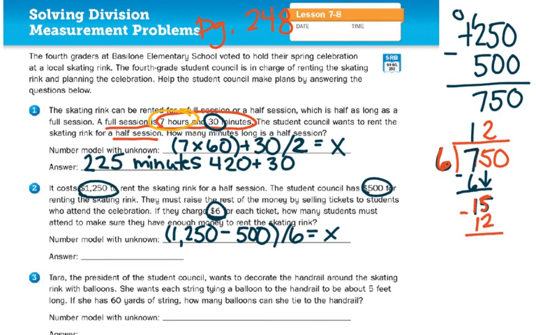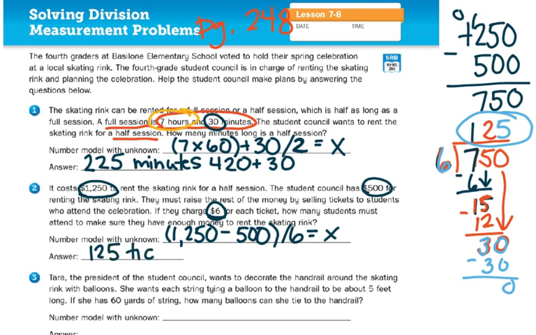Go ahead and subtract. 3 is smaller than 6, so now I can bring down my last number, the 0. Then, how many 6s are there in 30? There's 5, and 6 times 5 is 30. How many tickets do they need to sell in order to raise enough money? They need to sell 125 tickets.